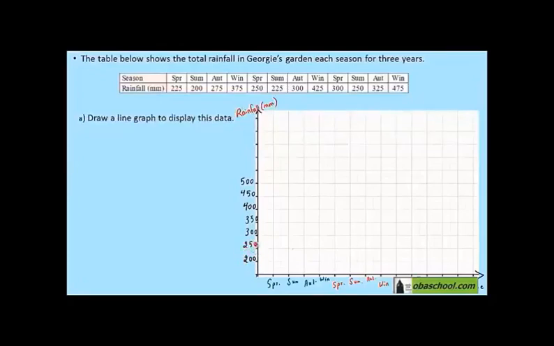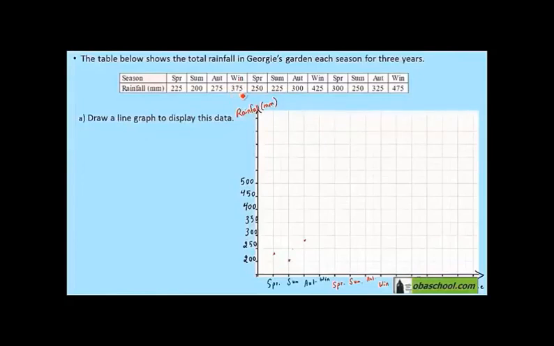For the first spring season, the amount of rainfall was 225 millimeters, so we plot the first point. Moving on to the second one, summer season for year 1, we had 200 millimeters. For autumn season, year 1, we had 275 millimeters, so that would be right between 250 and 300.